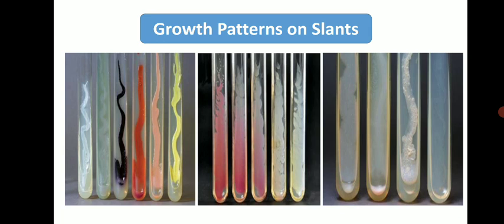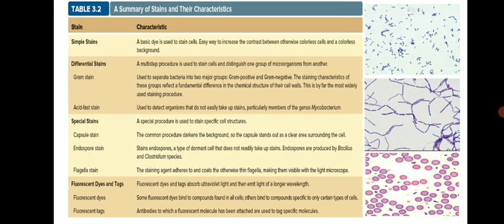Pigments are important clues in identification, because not all microbes produce pigments. Some microbes produce specific pigments, so we can get an identification clue by examining them. Overall, these are details regarding growth pattern on slants.